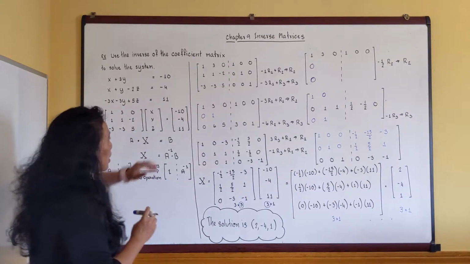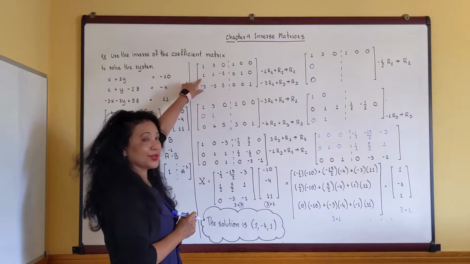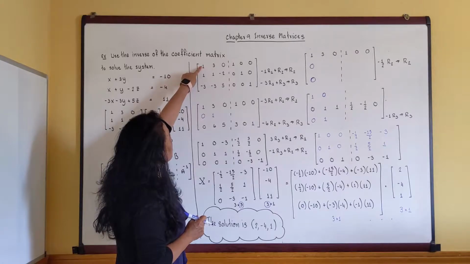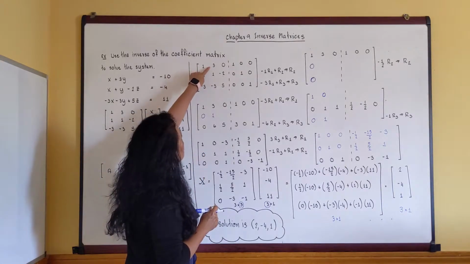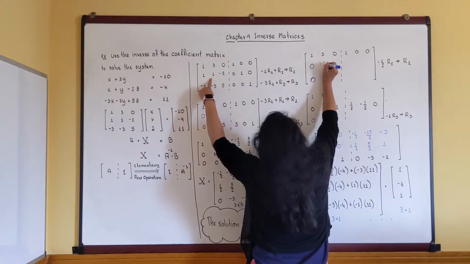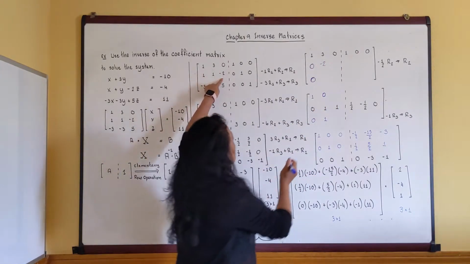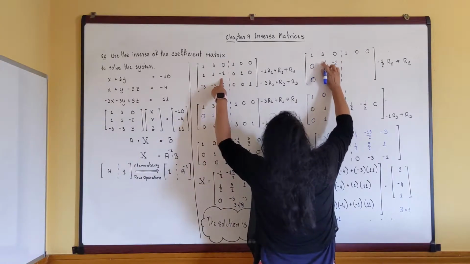I'm going to multiply the first row by negative 1, add to the second row, and the result goes to the second row. Negative 1 and 1, I get 0. That's what I want. Negative 3 and 1, so I have negative 2. Negative 2... and 0, I get negative 2. Let's put negative 2 here.